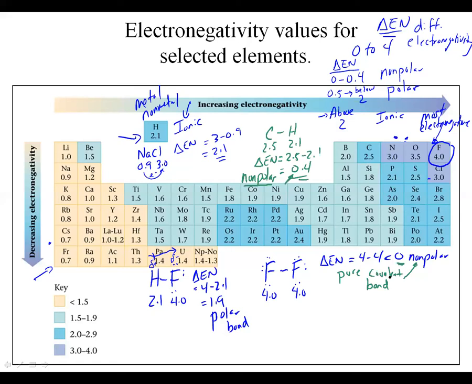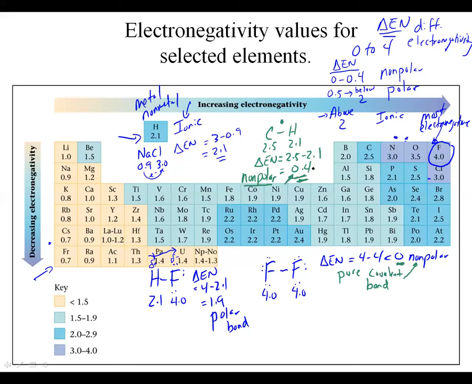But they would sometimes call it a pure covalent bond because the difference in electronegativity is perfectly 0. While up here, if we look at our carbon hydrogen bond, although it's still nonpolar, it would not usually be called a pure covalent bond because the sharing of electrons is not perfectly equal. So there is some aspect here of unequal sharing.